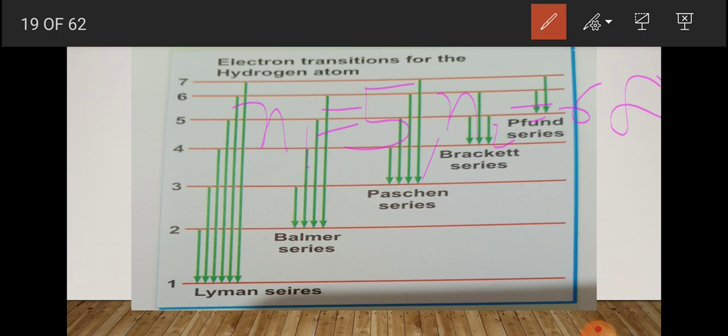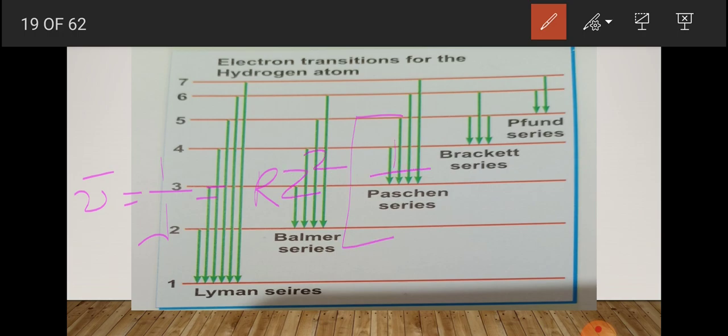So the general formula will be nu bar equals 1 by lambda equals R Z square times (1 by N1 square minus 1 by N2 square). This will be the general formula.